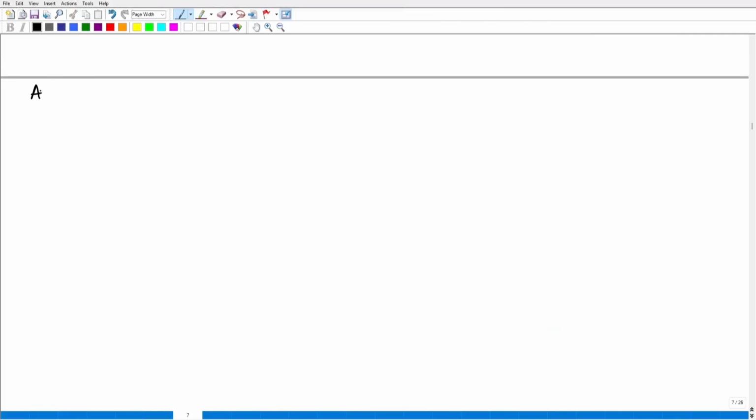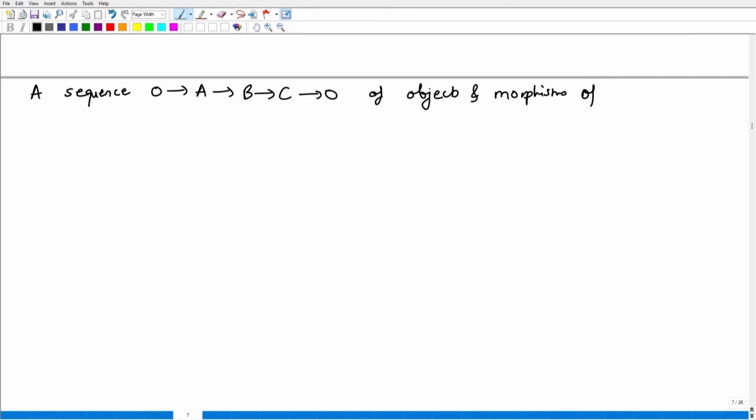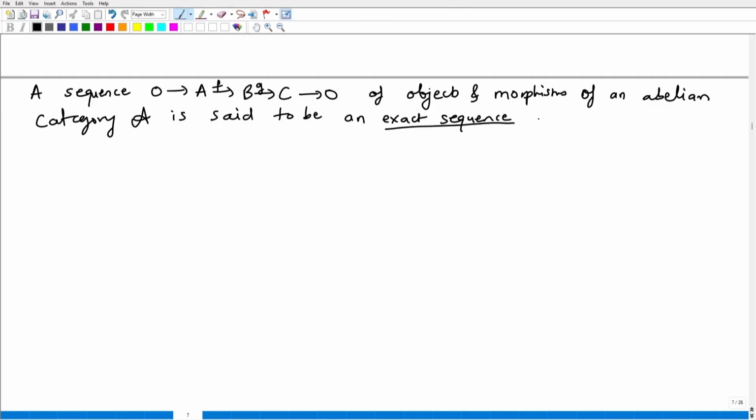Say that a sequence 0 to A to B to C to 0, let me call these maps F and G, of objects and morphisms of an abelian category A is said to be an exact sequence if, first of all, do you understand what this 0 is?